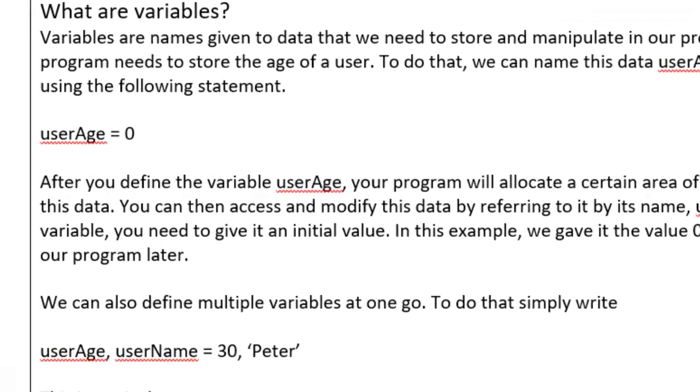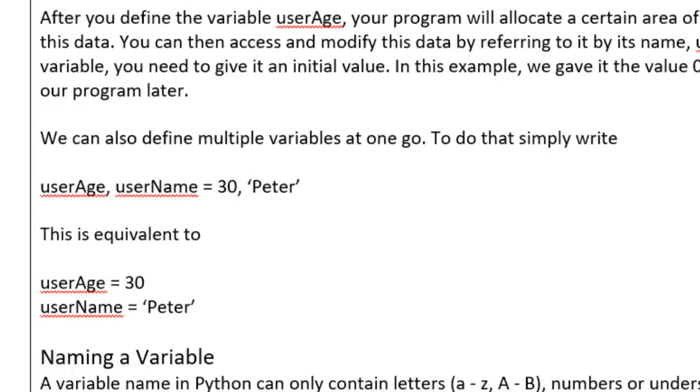We can also define multiple variables at one go. To do that, simply write user_age, comma, username, equals 30, comma, and Peter between quotes. Why?